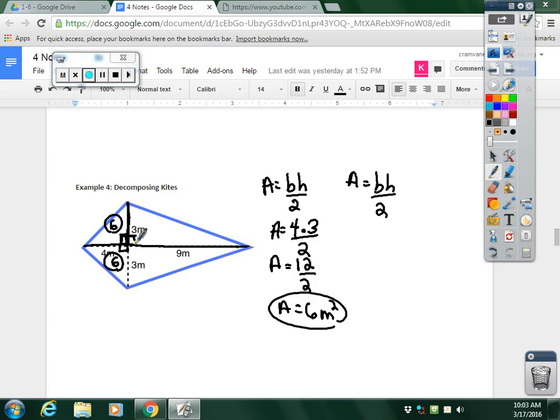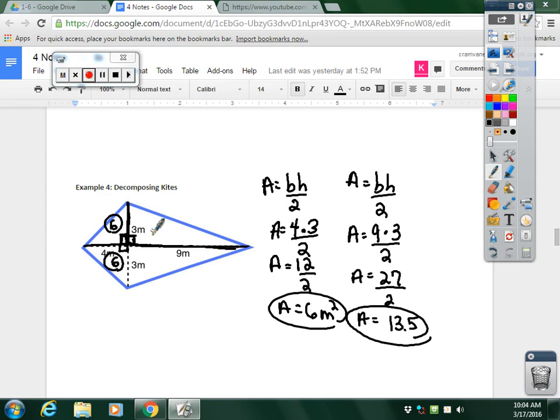And I'm going to put my 90-degree angle in it so I can figure out the base and the height because it's touching the 90-degree angle. The base is 9 meters. The height is 3. Okay, and then I have to, since it's a triangle, divide it by 2. So 27 divided by 2 is actually going to give me an area of 13.5. Okay, so I have a 13.5 area here.